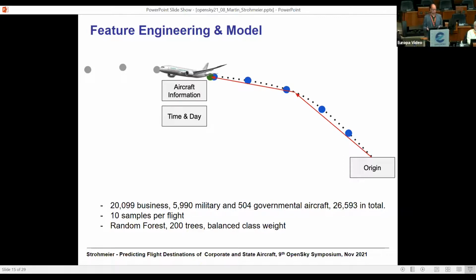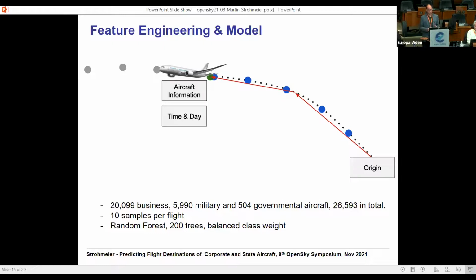Finally, the basic feature engineering was taking, as I said, the metadata of the aircraft, so type and operator. Then you need the time of the day and the weekday and the origin.